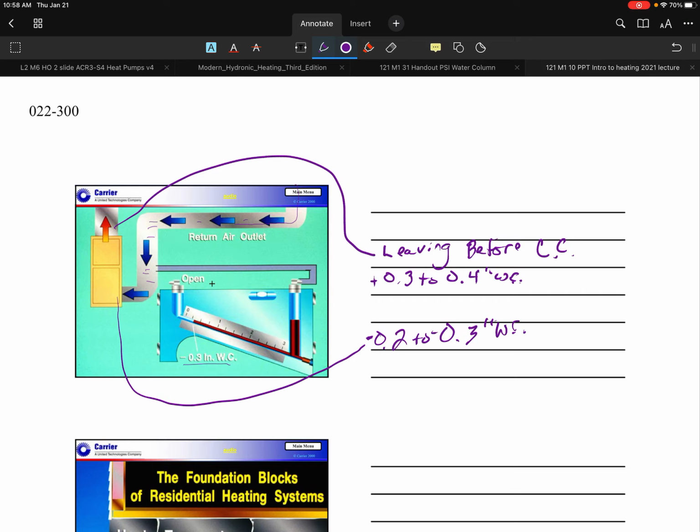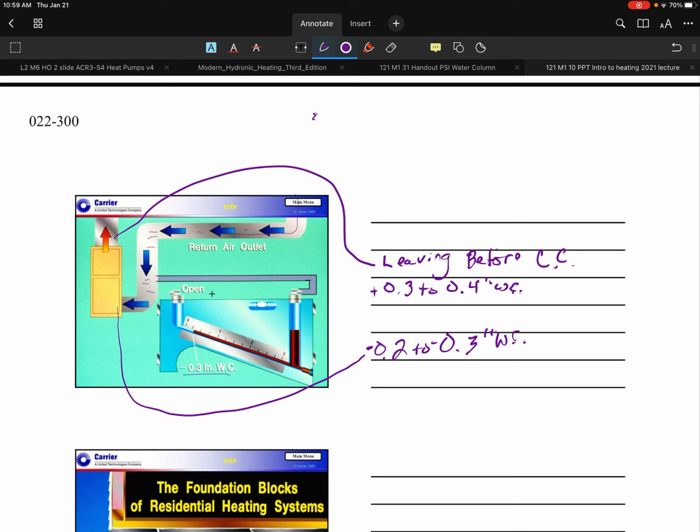Now, what's interesting about this, and we'll talk about this when we get into the lab area, is that the furnace manufacturers have their typical design parameters, and their equipment is typically designed essentially for heat only systems.